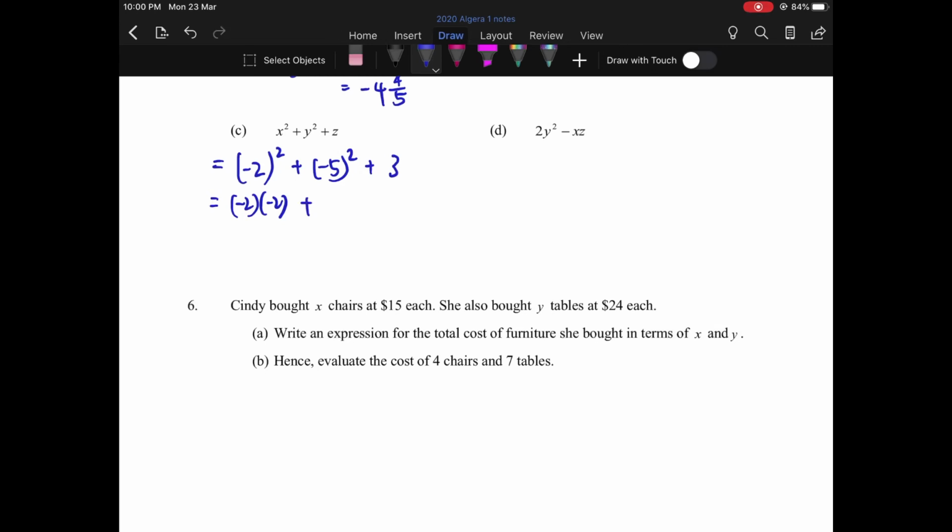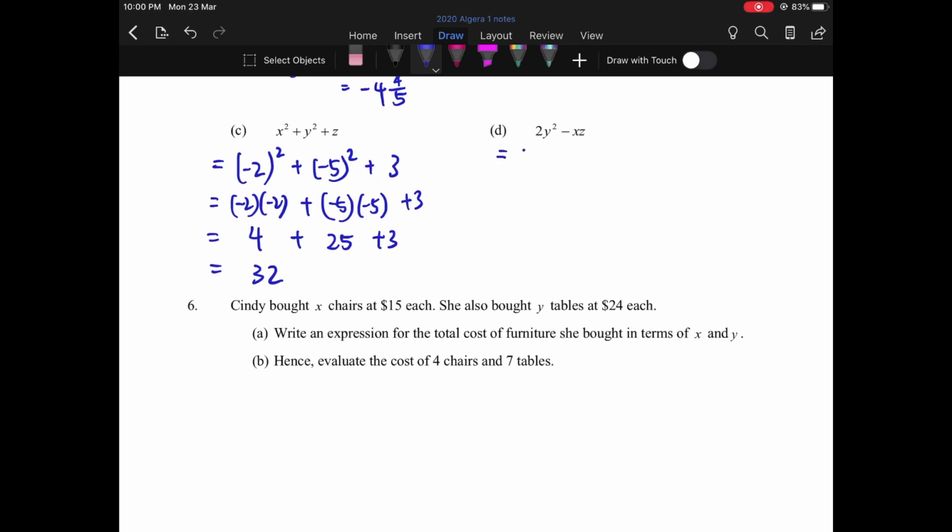Then negative 5 multiplied by negative 5. So negative times negative, you get positive 4. Negative 5 times negative 5, you get positive 25. Evaluating this, you get 32.